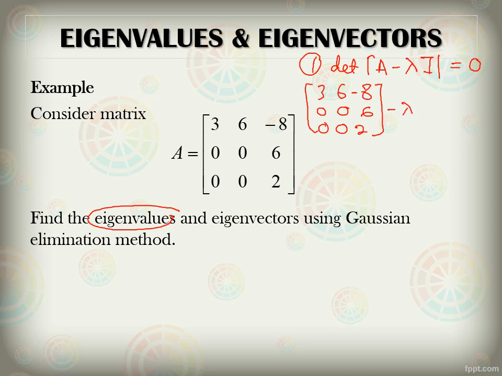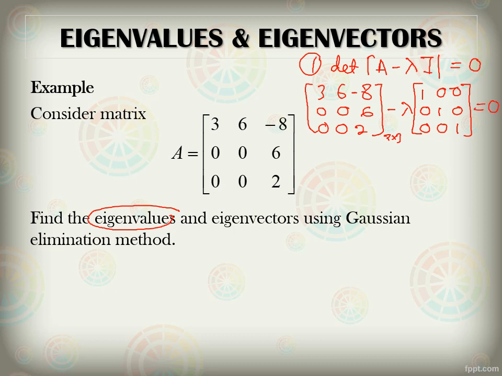Minus lambda. And what is the identity matrix? The matrix for a 3 by 3 matrix is 1, 0, 0, 0, 1, 0, 0, 0, 1, and this is equal to 0.